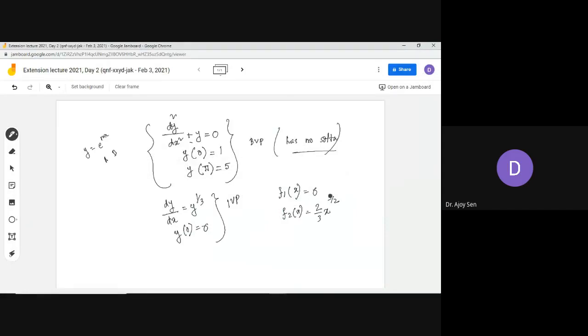So if you see these two, this is a differential equation, an initial value problem, and f1 and f2 are two solutions. One is a solution whenever x is greater than 0, and the other is a solution whenever x is less than 0. Both are solutions of the initial value problem.